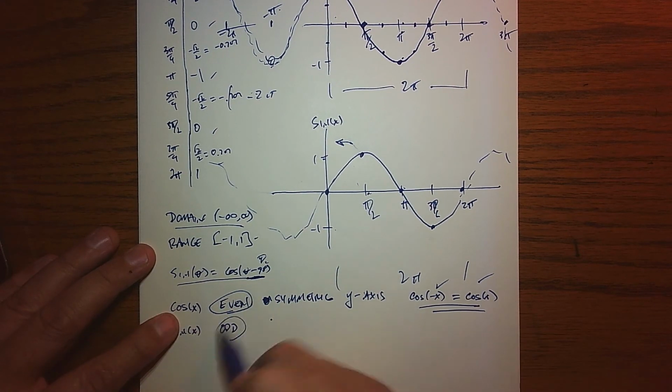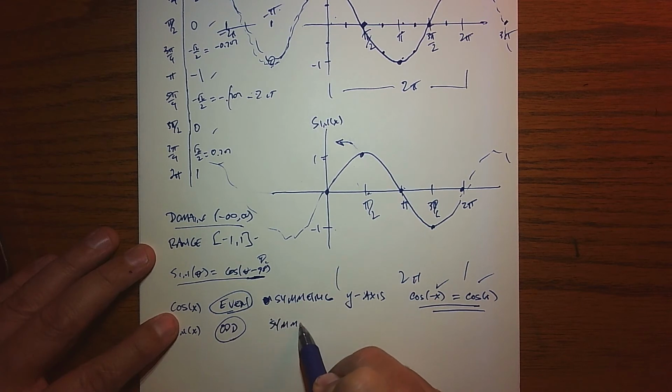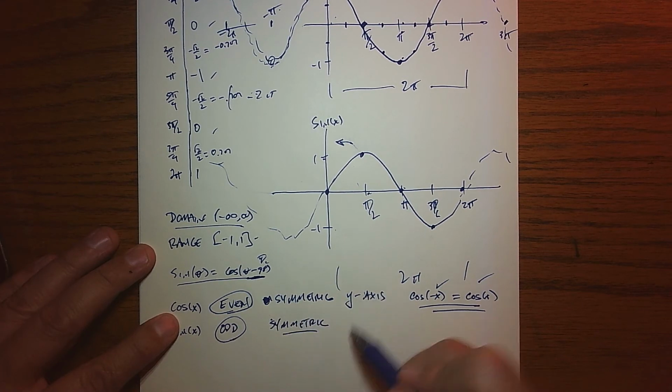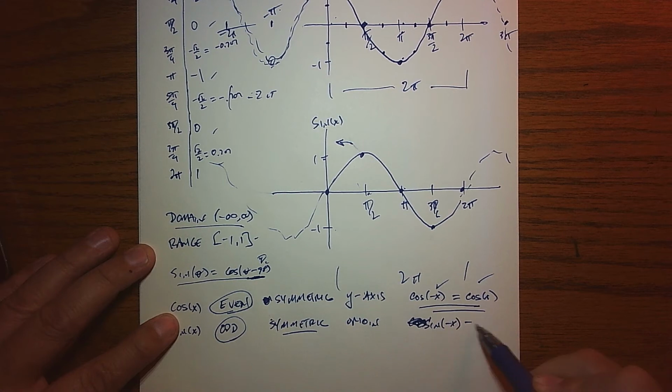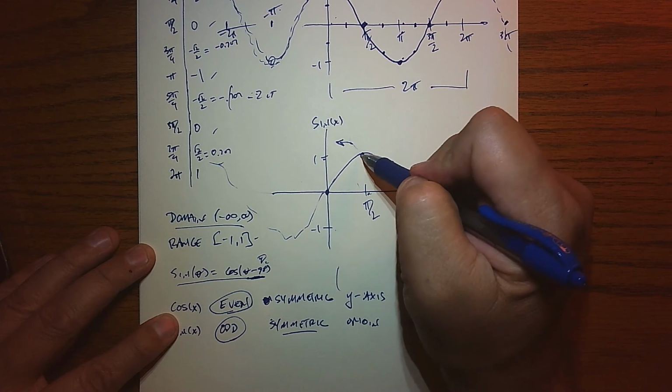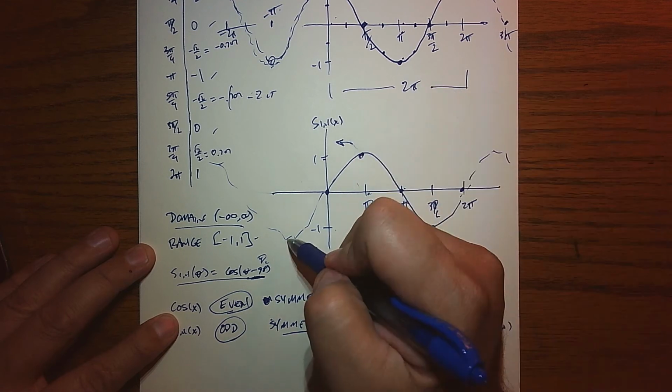If you recall from your college algebra days, this means that it's symmetric with the origin, or basically that the sine of -x would be equal to the negative of sine of x. Essentially what that means is if I have a point here, its opposite would be down there.